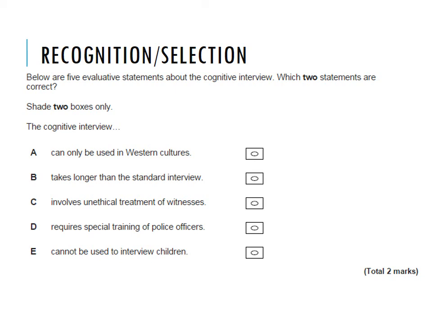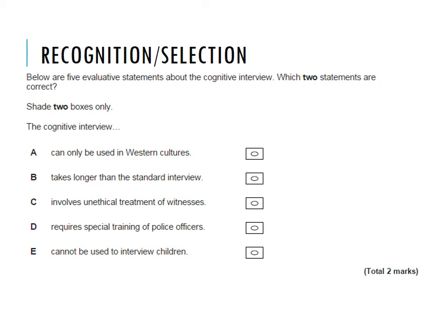But imagine we couldn't work out the second one. The best tip I can give you is to rule out or cross out the ones that you definitely know are incorrect. So we know that it could be used in both Western and non-Western cultures, so we can rule that one out. It isn't unethical, so we can rule that one out.